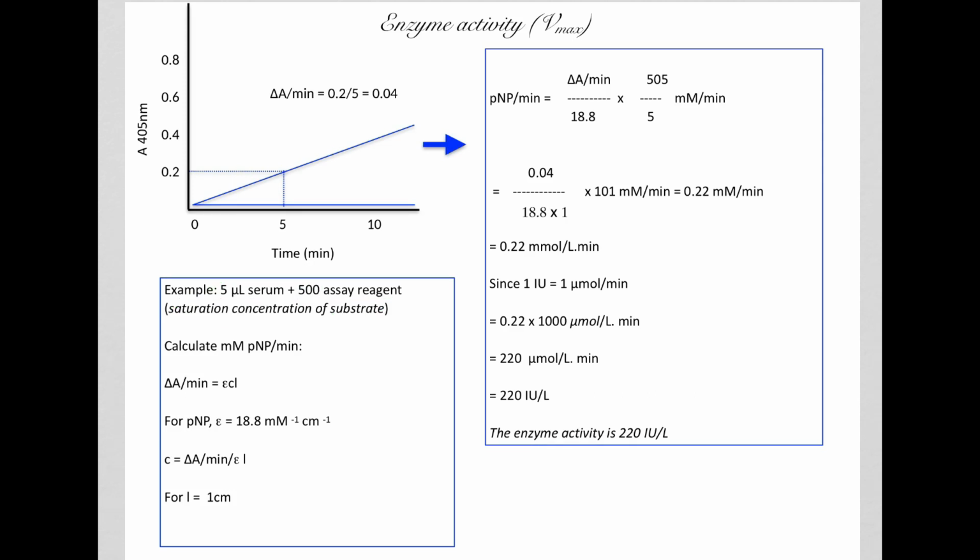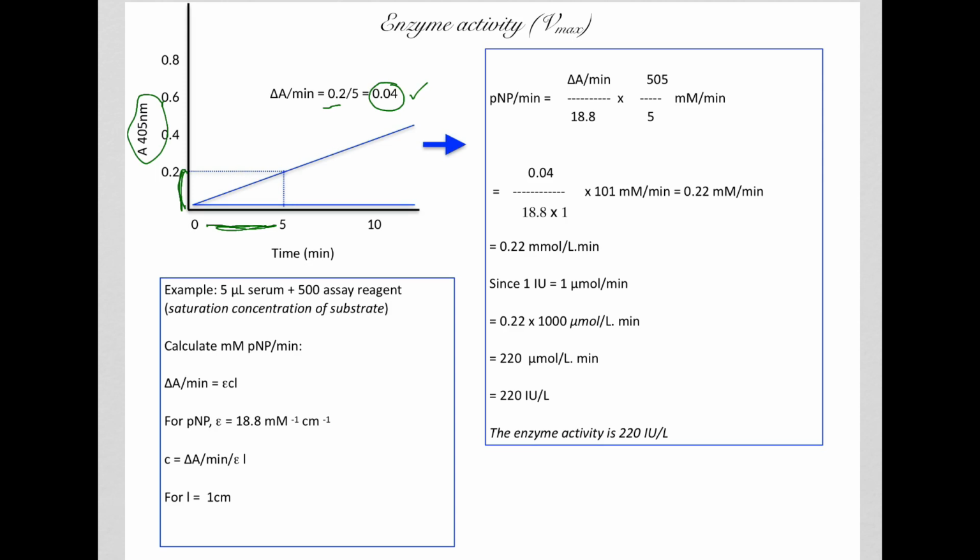And when we do this, we monitor the absorbance at 405 nanometers, and then we determine what is the change in absorbance per minute. So if the absorbance change is 0.2 in 5 minutes, then 0.2 divided by 5 will give us a delta A per minute of 0.04.